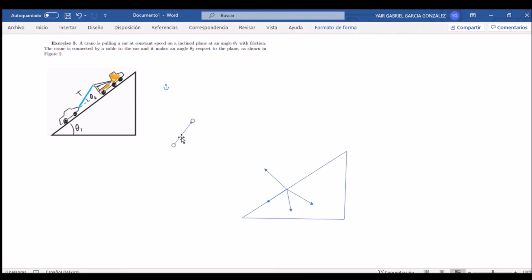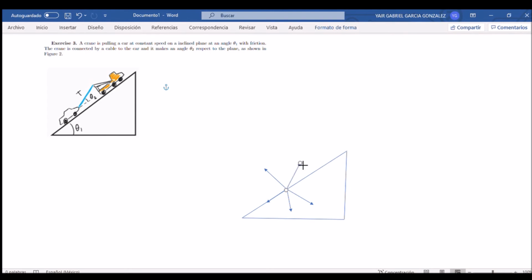And we see that this is the X component of the pulling force, that is the cable between the car and the crane, here, and this I draw in this part.